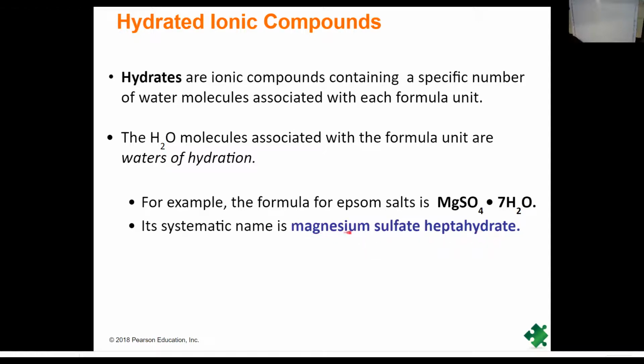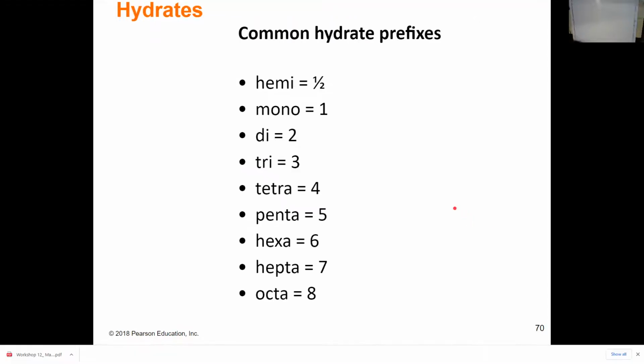So we're saying that there's magnesium sulfate and 7 waters. These are the prefixes that you need to know for the hydrated compounds. Luckily, they're the same prefixes that we're going to use in the molecular naming convention. So you get to use them more than once when you're memorizing them.